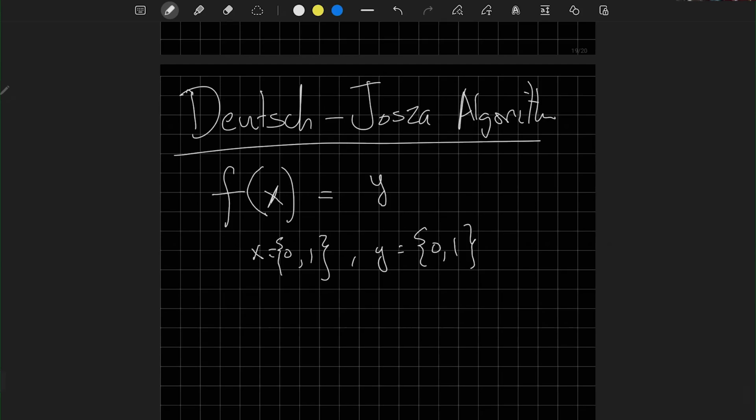Okay? And the function f is of two kinds. One is a constant function, and the other is a balanced function.